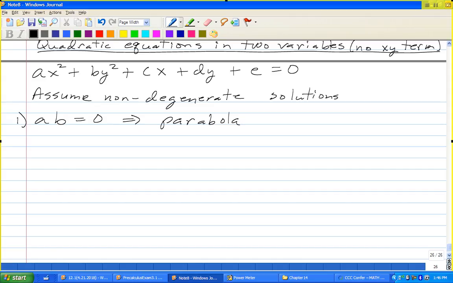Next, if the sign of A and B is negative, maybe I'll say it that way, so that A and B have differing signs, then this will be a hyperbola.